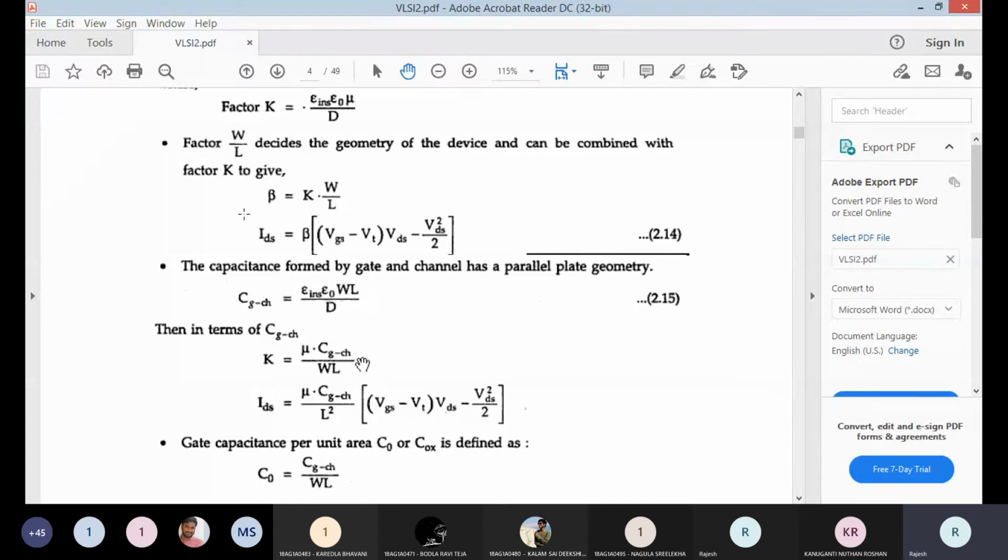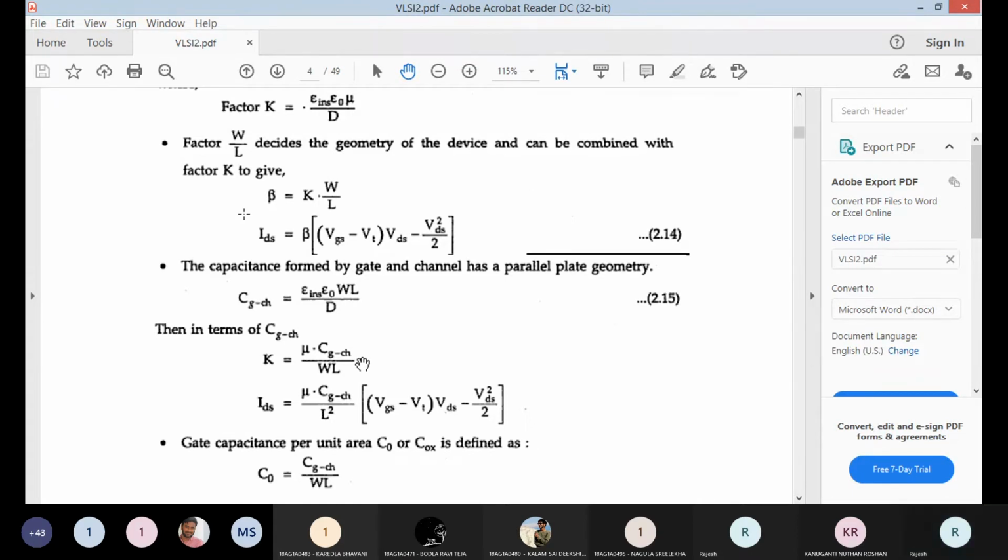Carriers are available in the channel, but no current, no electron moving from source to drain. Now you apply VDS. Now you apply some VDS linearly increasing from 0 to VGS - VTN, because the saturation point, pinch off point voltage of VDS is nothing but VGS - VTN. So as you increase VDS, corresponding IDS will increase. So that is linear region, triode region or ohmic region.